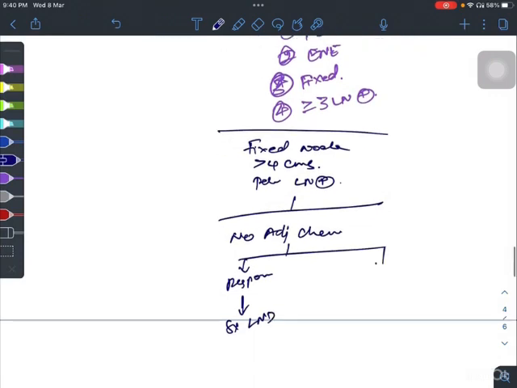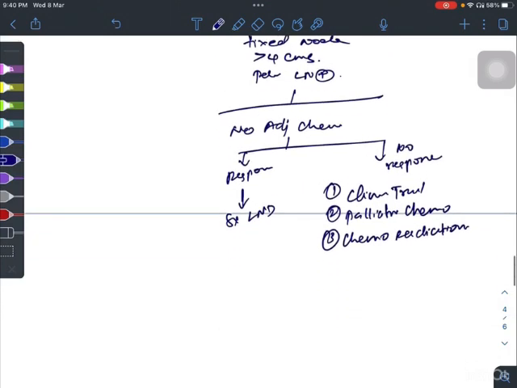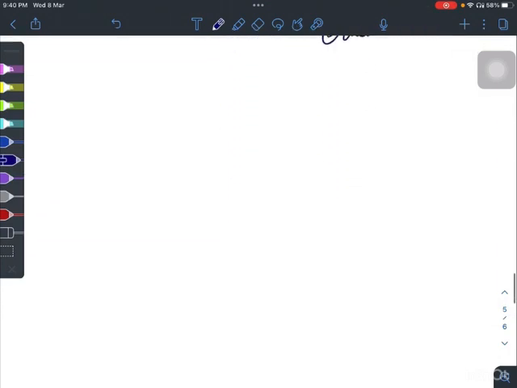If there is no response, the patient will enter a clinical trial, palliative chemo or chemoradiation. Okay, this is the lymph nodal management of penile carcinoma.